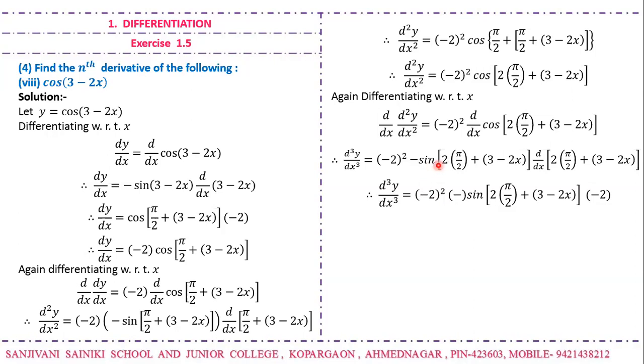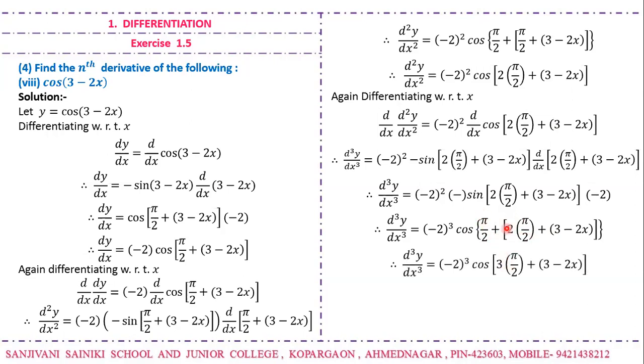Then minus sin theta can be written as cos 90 plus theta. So cos 90 plus theta, and this 90 plus 290 is 390, and we get minus 2 cube into cos of 3 pi by 2 plus 3 minus 2x.